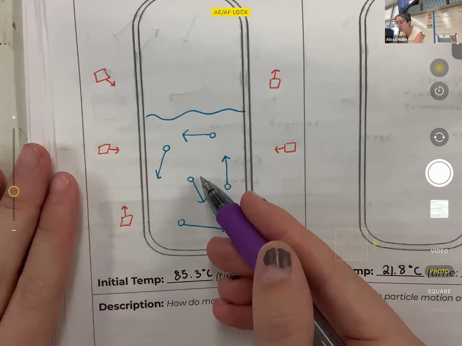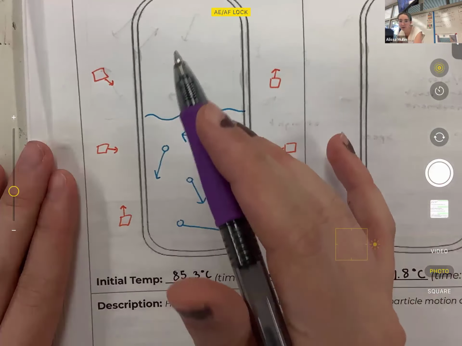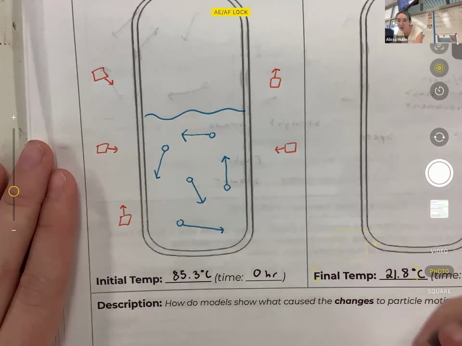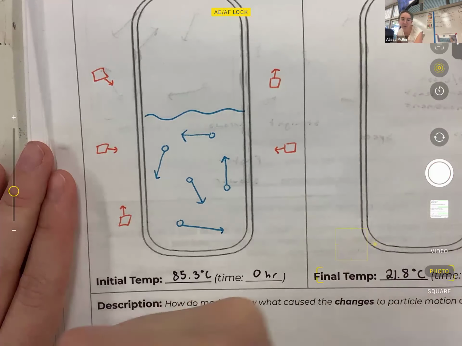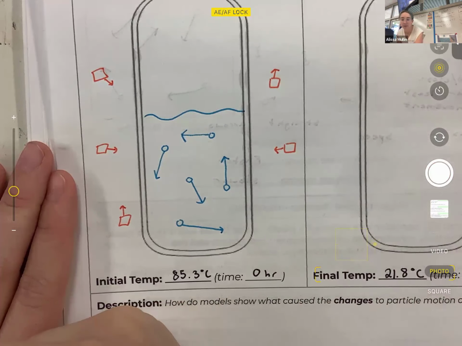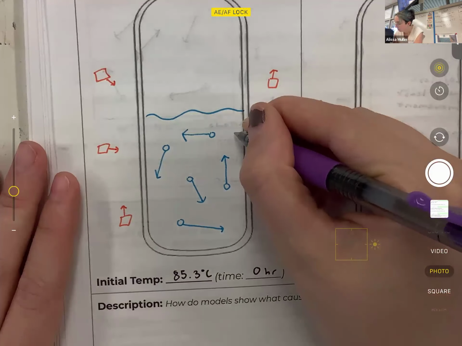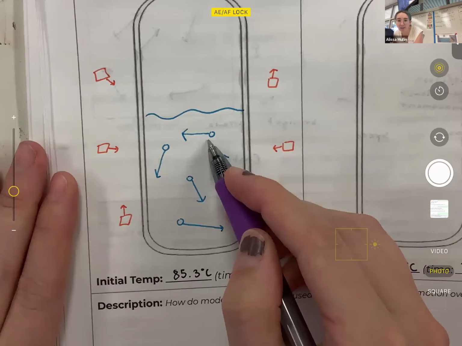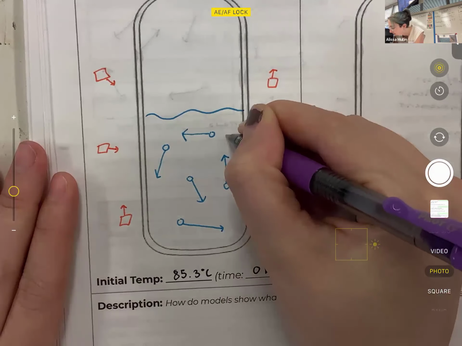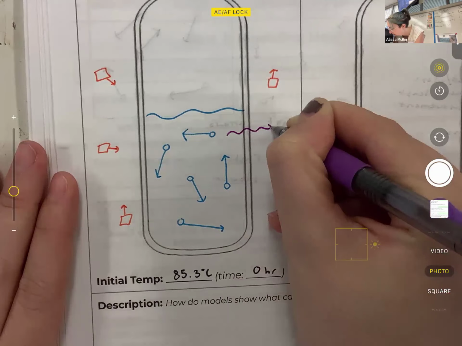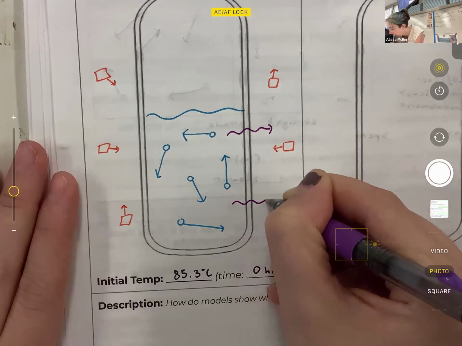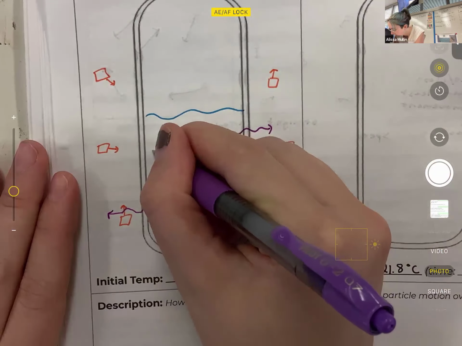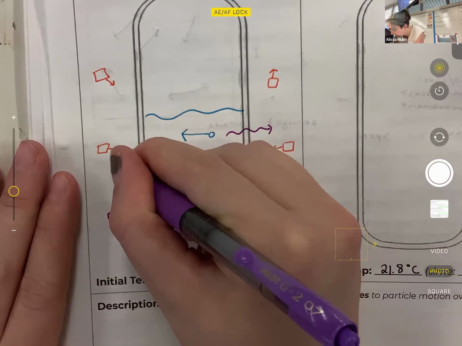When I have hot water in here and then cooler air surrounding it, what is heat transfer going to look like? How would I show that? Which way is it going to go? What are we thinking? Hopefully we always want to show heat transfer from the hot thing to the cold thing. So squiggly arrows out of my water bottle into my surroundings.